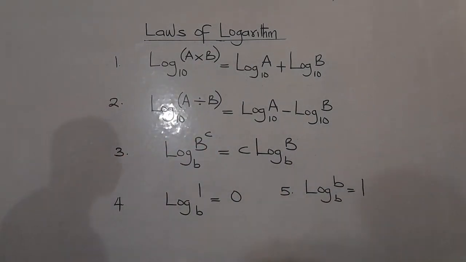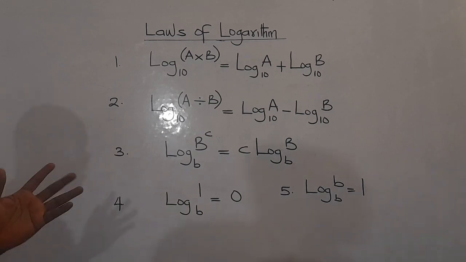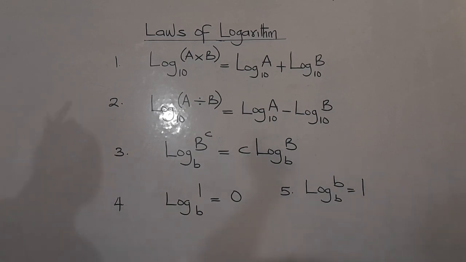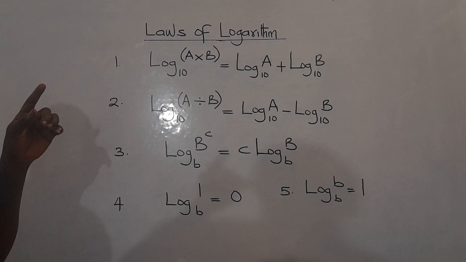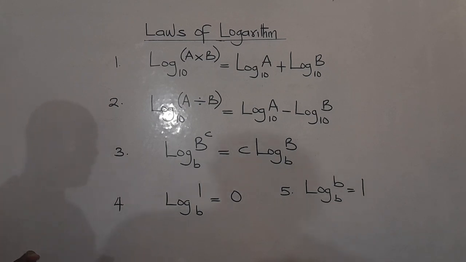These are the laws of logarithm that we're going to be looking at. The first one is log a times b base 10 is equal to log a base 10 plus log b base 10. The second one is this: log a divided by b base 10 is equal to log a base 10 minus log b base 10.